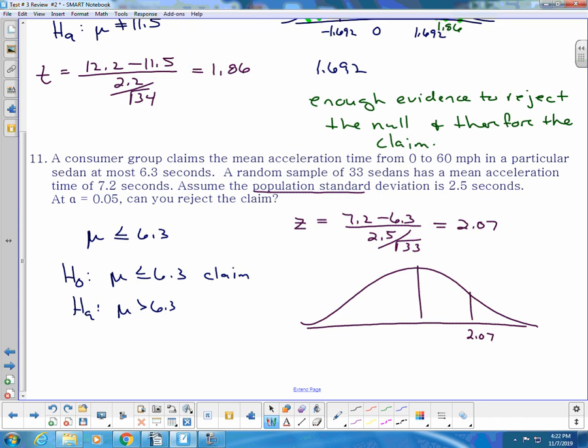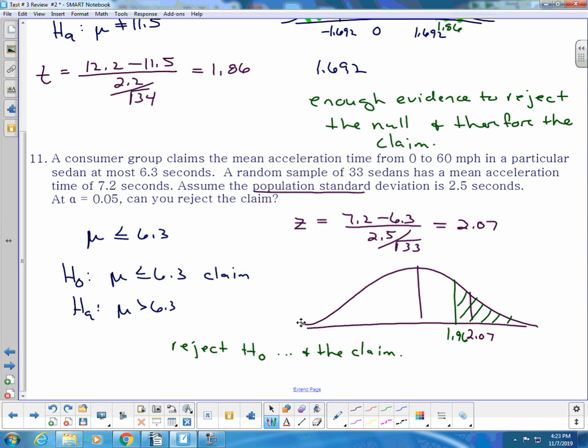So 1.96 is here. So we are in the rejection zone. Okay, so you're going to reject. There's enough evidence to reject the null hypothesis and therefore the claim. There's enough evidence to reject the claim that it is at most 6.3 seconds.